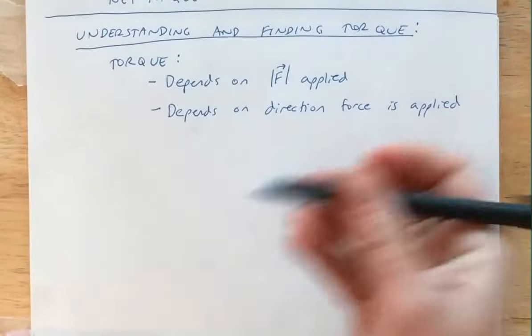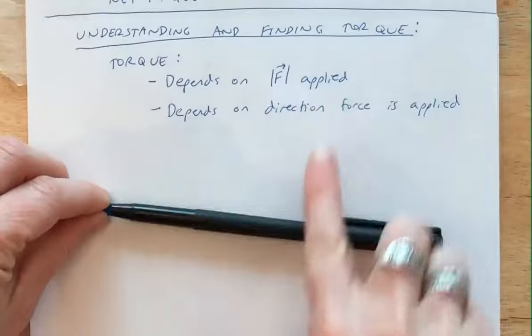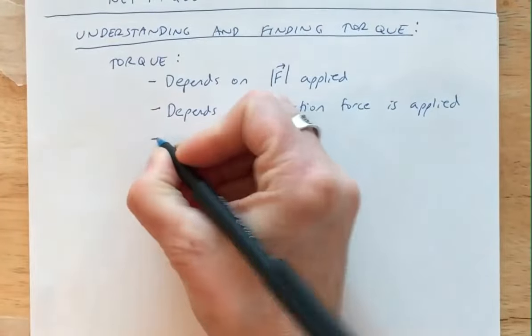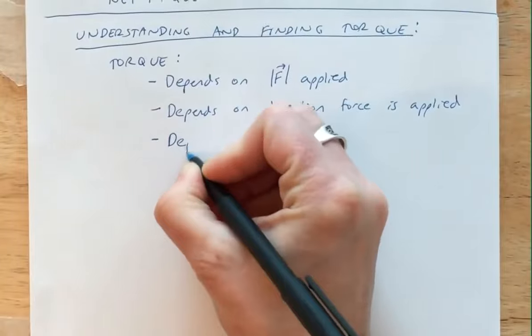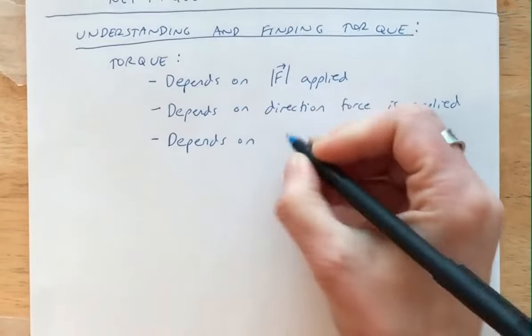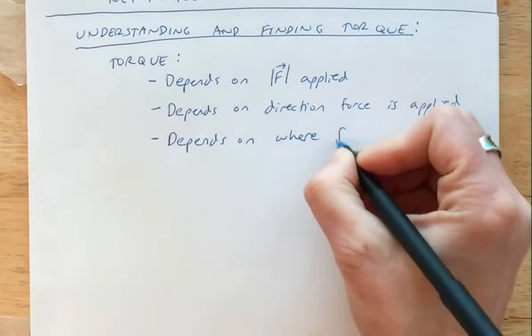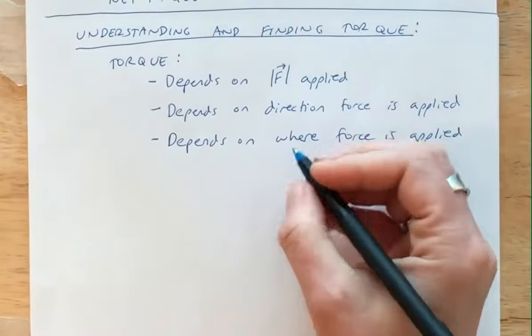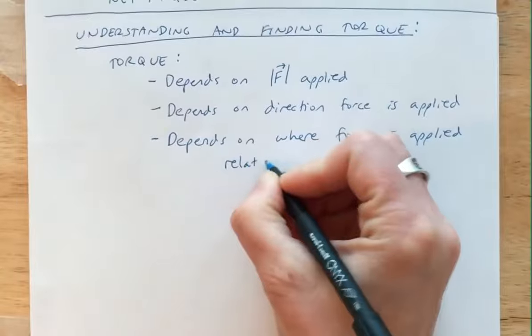So that we want to apply the force in a way that makes something spin and not in a way that doesn't. And it also depends on where the force is applied relative to the pivot point.